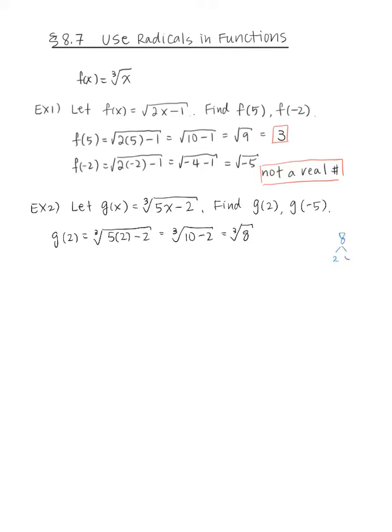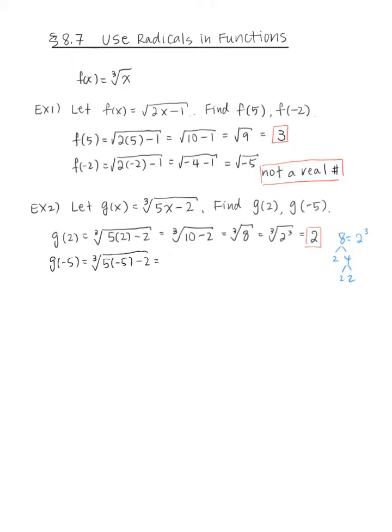Looks like 8 is 2 to the third. So this can be written as cube root of 2 to the third. So our answer is going to be 2. Now let's take a look at g of negative 5. We're going to do the same thing. So we got cube root of 5 times negative 5 minus 2.